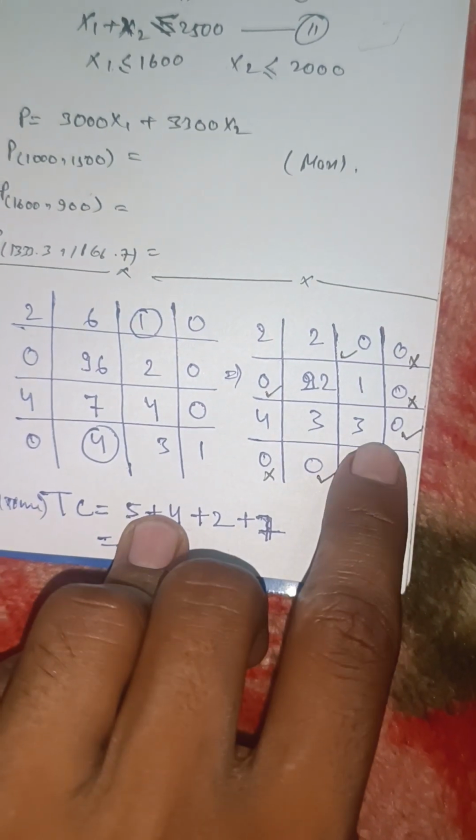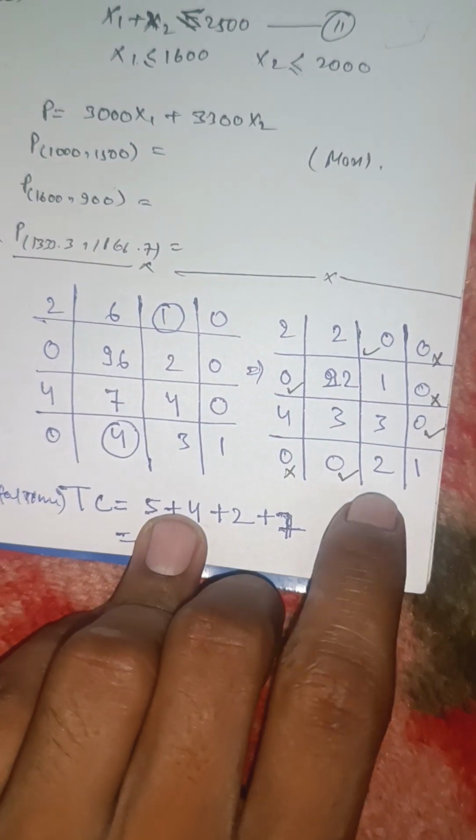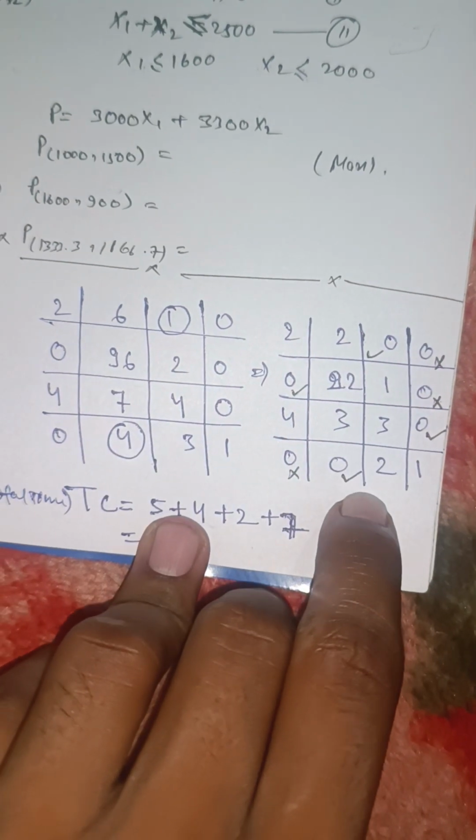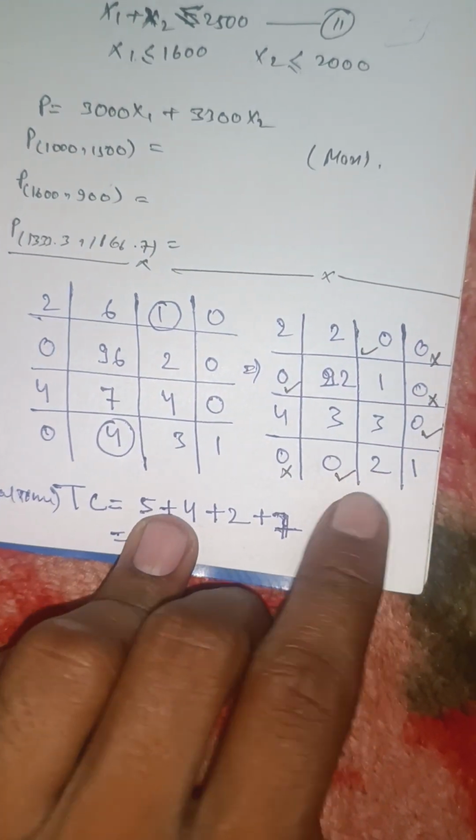Okay, we will cancel these two. We will then get, see, here we have only one 0 in this line, because this one is cancelled. Then we can select this one. All the zeros of this row will get cancelled, even if in this case it is not there.